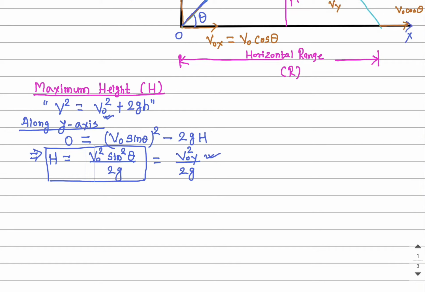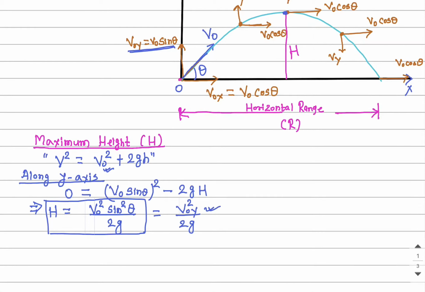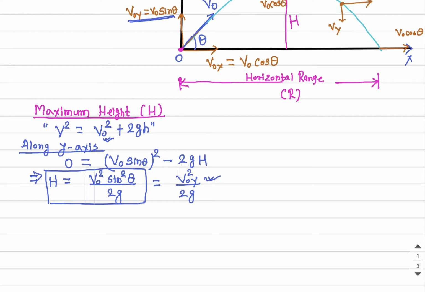So now let's calculate the time it takes to reach the peak. How long does it take to reach from this point to this point? That we call the time to reach peak.